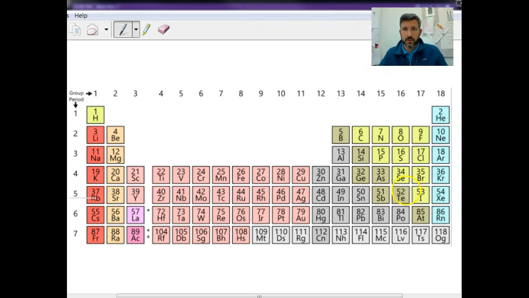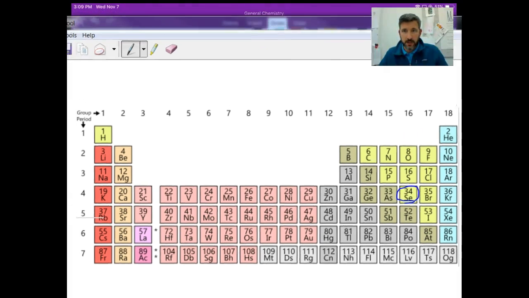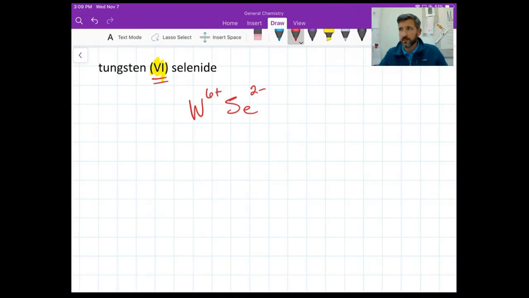Selenium is right here below sulfur. So it has a -2 charge, just as everything else in group 16 has. So least common multiple of 6 and 2 is 6. So basically we already have enough tungsten, but we do need to have 3 selenide ions.